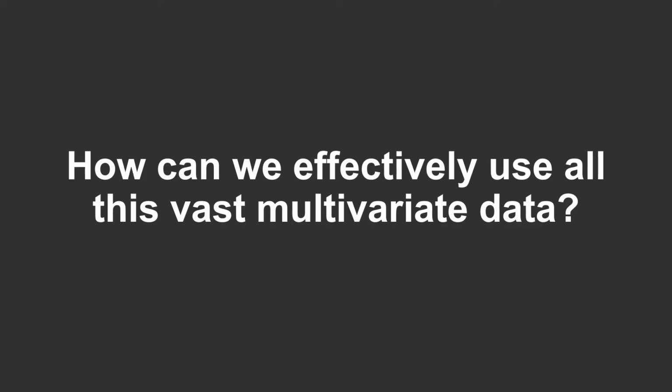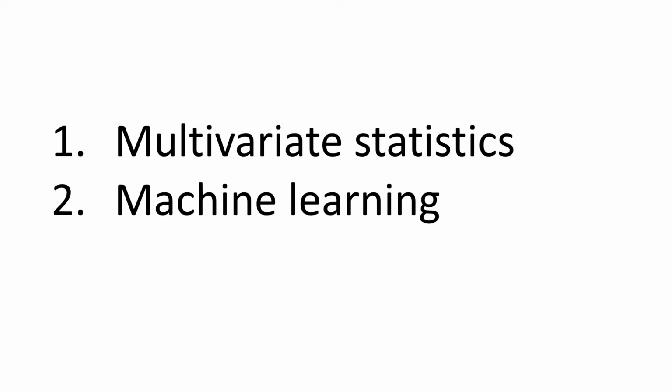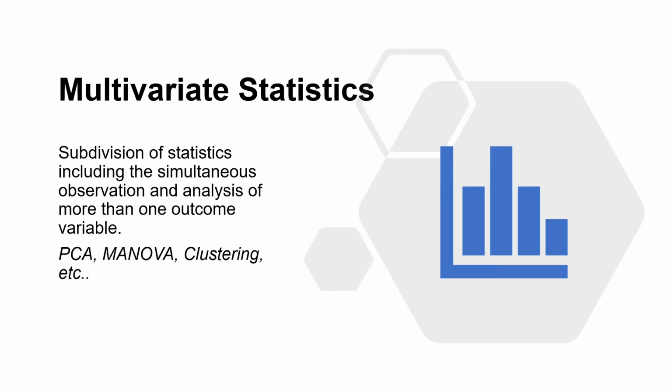But how can we effectively use all this vast multivariate data? We can use multivariate statistics and machine learning. Multivariate statistics is the subdivision of statistics including the simultaneous observation and analysis of more than one outcome variable.